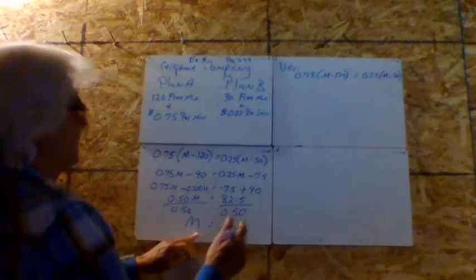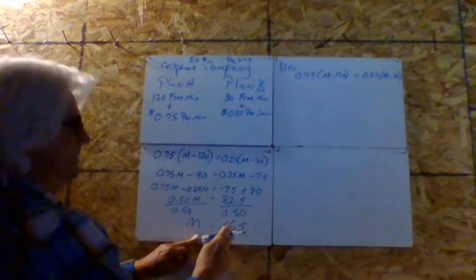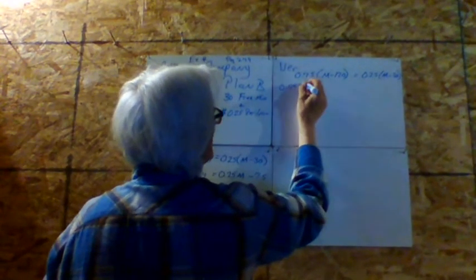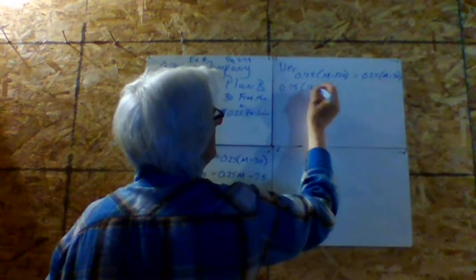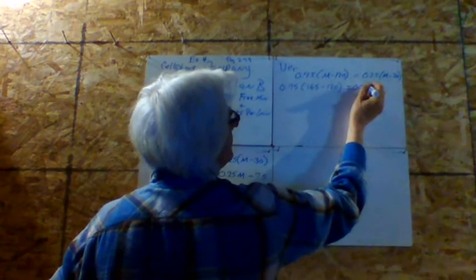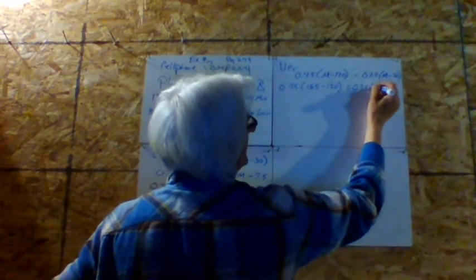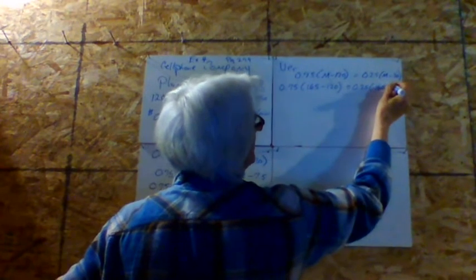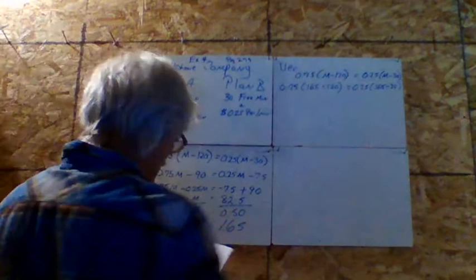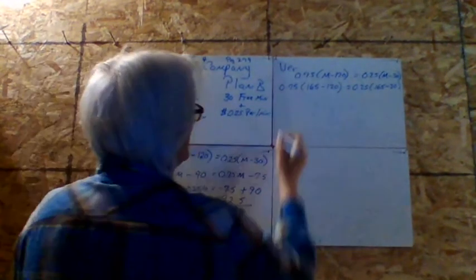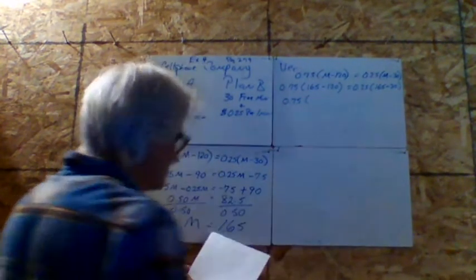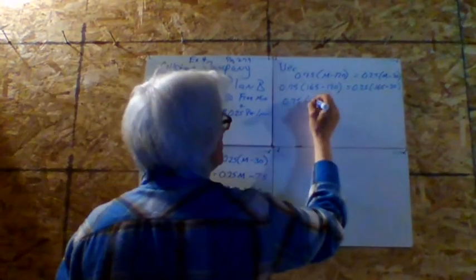So to verify it, we said the minutes would be 165. So 0.75, in place of m, I'm putting in my 165 minus the 120, equals 0.25 times 165 minus the 30. So I'll do what's in my brackets first. 0.75 times, 165 minus 120 is 45.